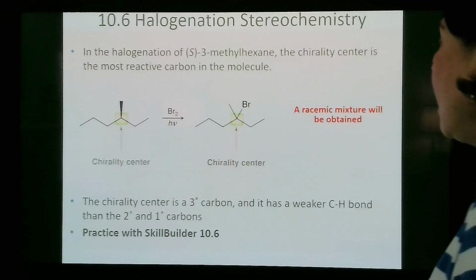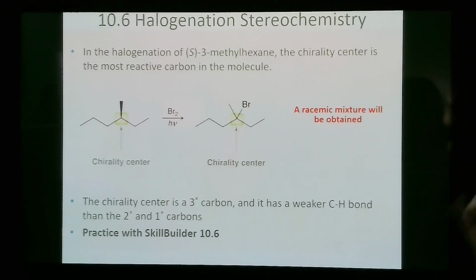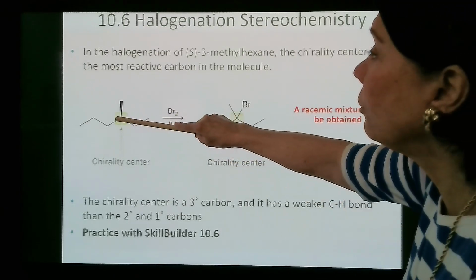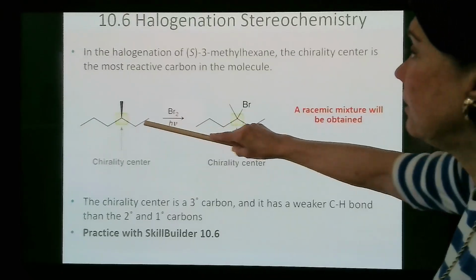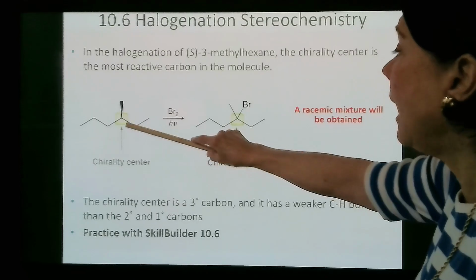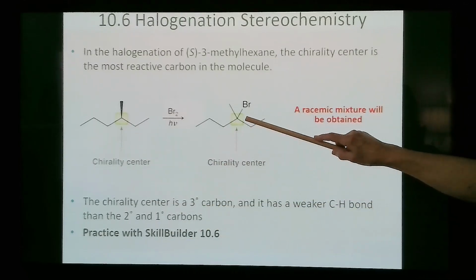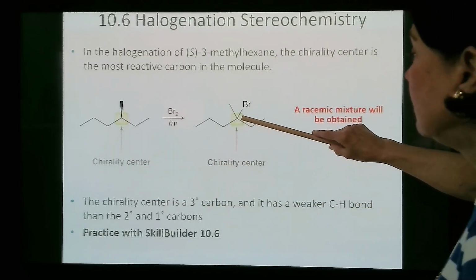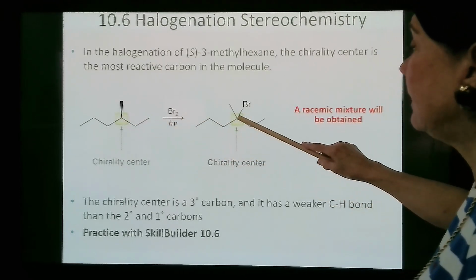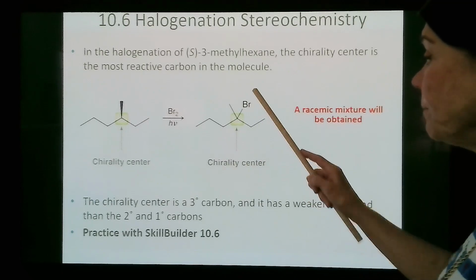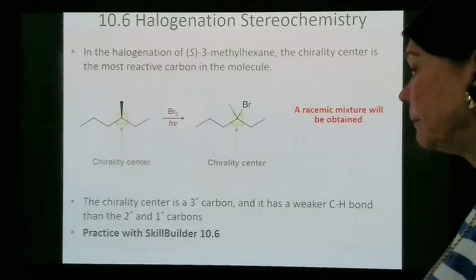And so the same thing here. Even if you have a methyl group there, if this is S-3-methylhexane, you're going to lose your chirality. This is going to be a racemic mixture as your product.